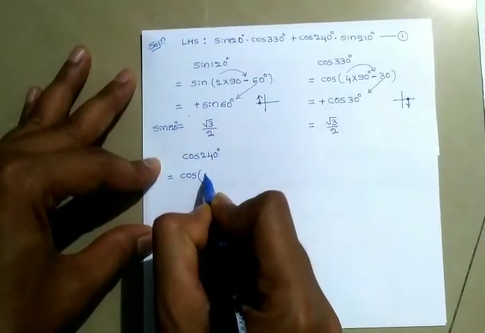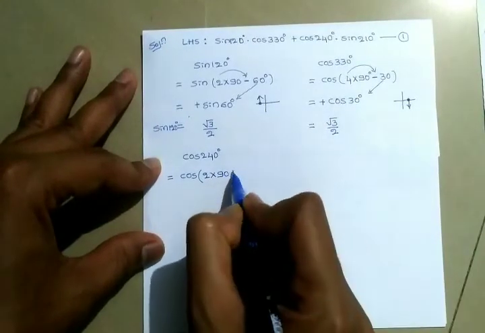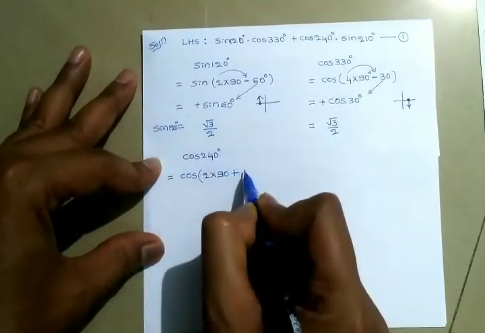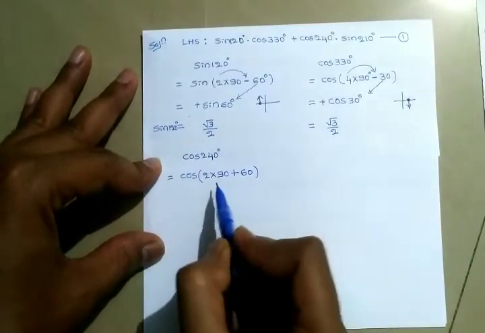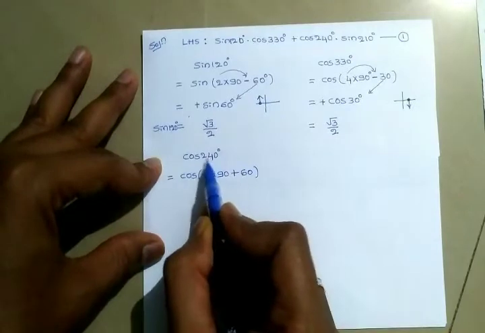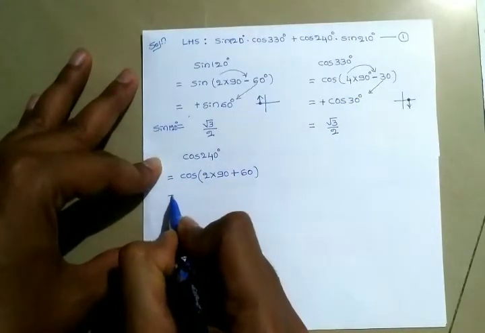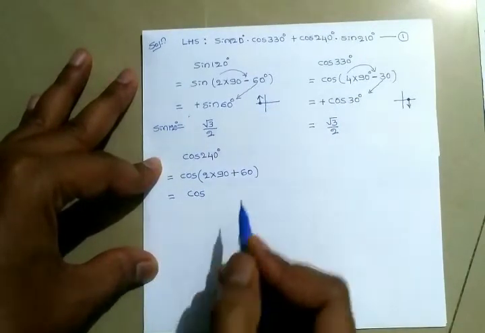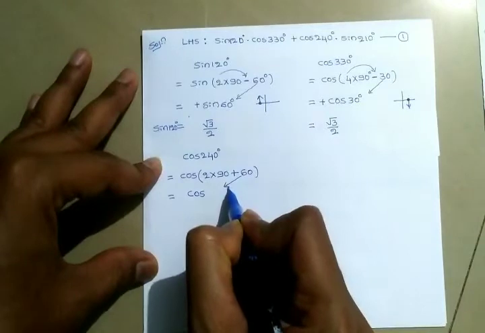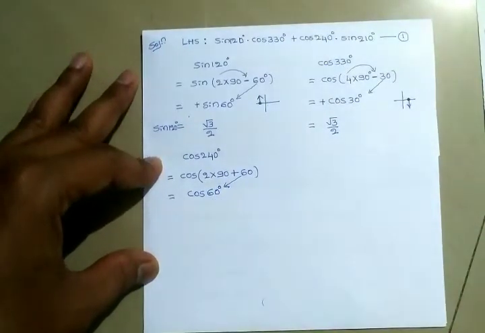Therefore I am going to write 2 into 90, 180 plus, to get 240 I should add 60. 180 plus 60 is 240 degree. Again it is an even number, so cos you need to keep as it is. At the end, 60 degree is there, so keep that 60 degree as it is.